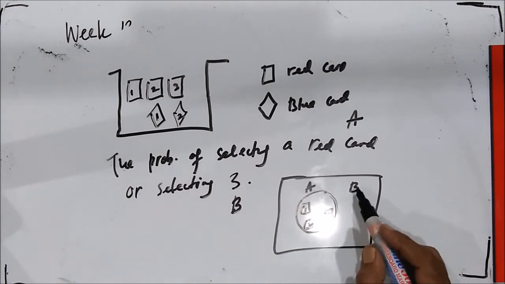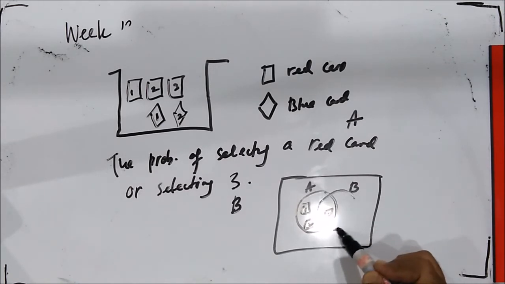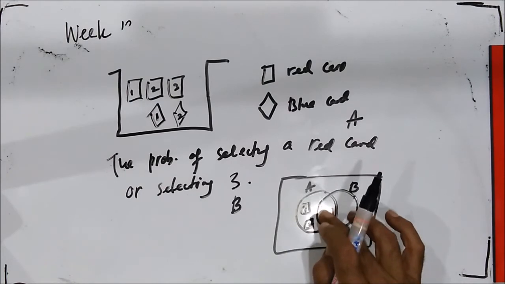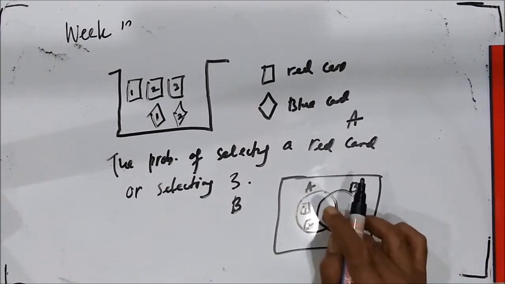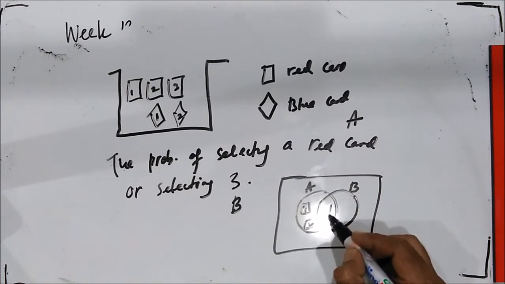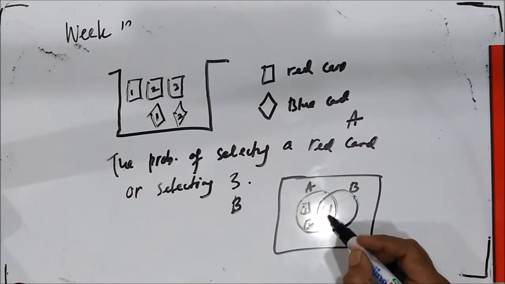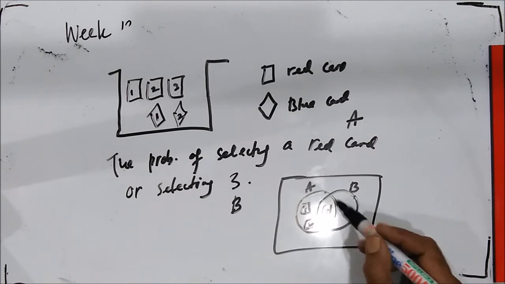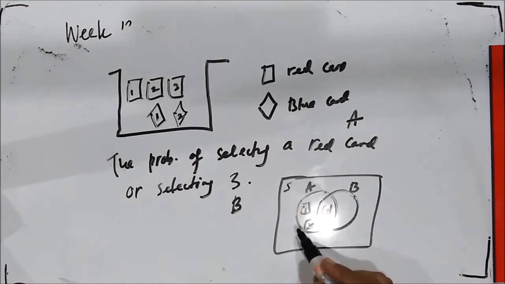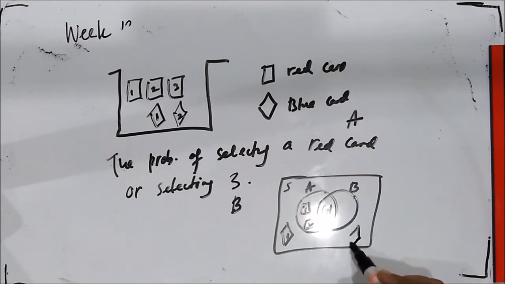And selecting number 3, I have only one 3. There is an intersection here. The red number 3 card belongs to both A and B. So this is how we draw the Venn diagram, and the rest here is 1 and 2.